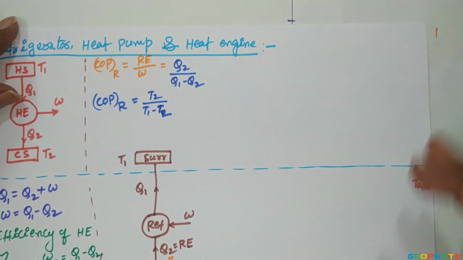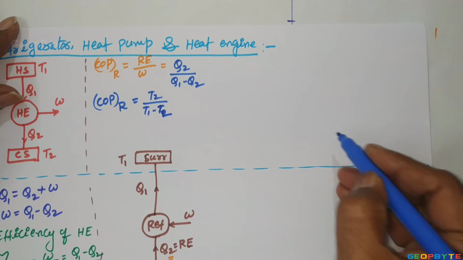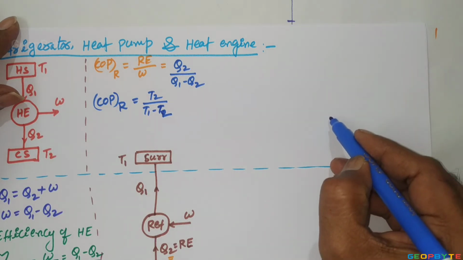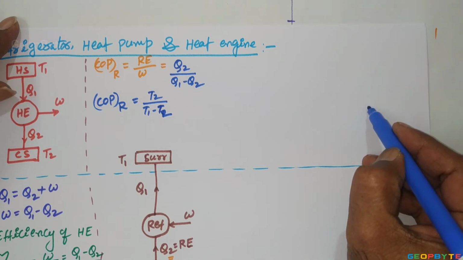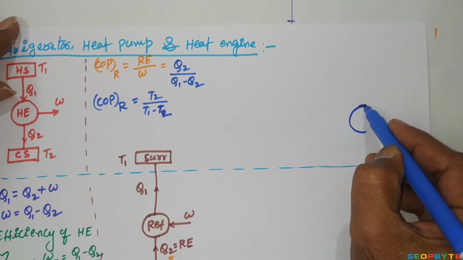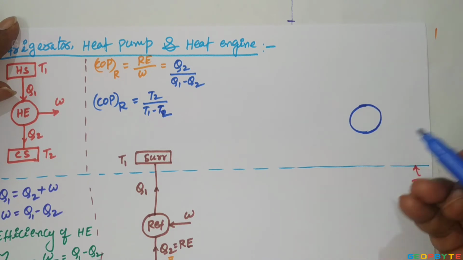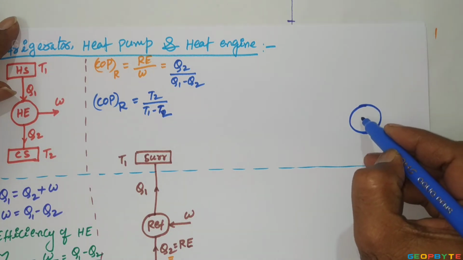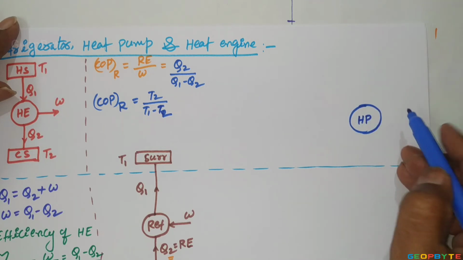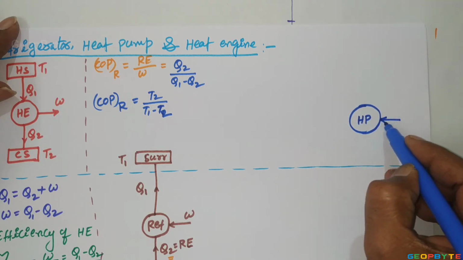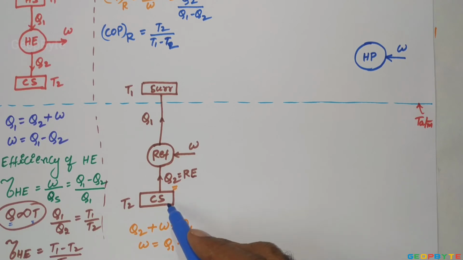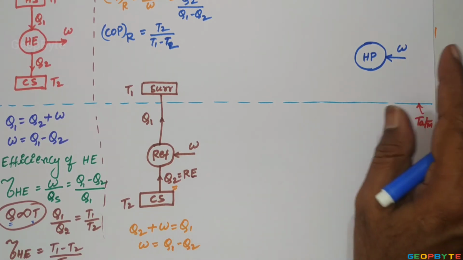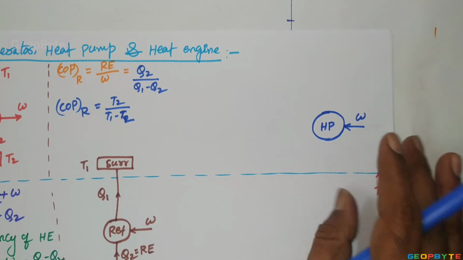Come to the heat pump. The heat pump is working above the room temperature. Heat pump also comes under power consuming devices. Remember, the refrigerator is for developing the cooling effect, whereas the heat pump is for developing the heating effect.